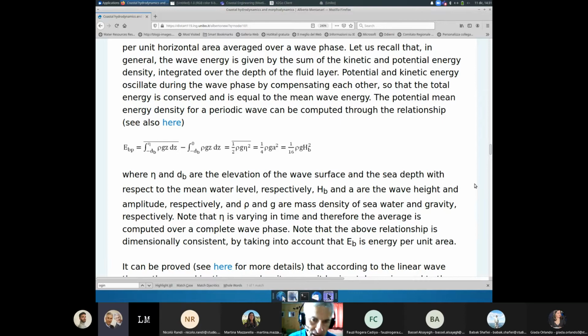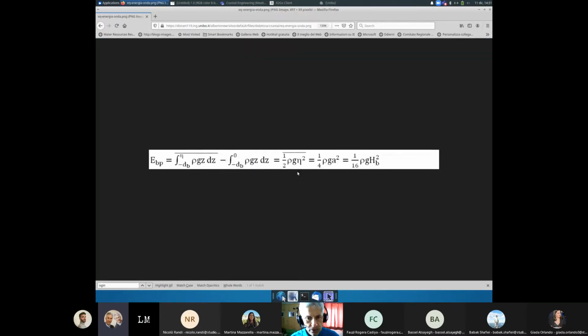So let me just make a simple example, because if you look at this formula that you see here, it is a formula that computes the potential energy of the wave, we said, per unit horizontal area.